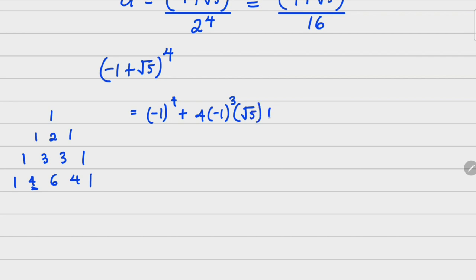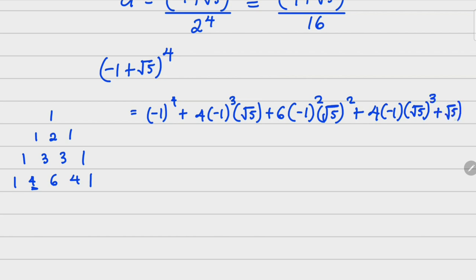Then plus, the coefficient is 6, then minus 1 all squared, the root of 5 all squared, then plus 4, then minus 1, okay, then root of 5 all raised to power 3, then the last will be root of 5 all raised to power 4.